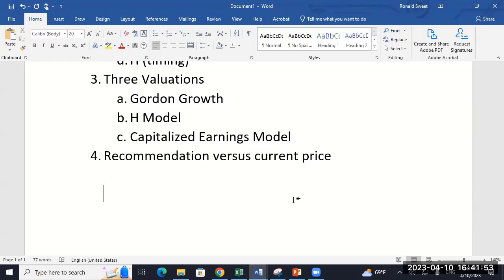Another problem is the parentheses. Make sure you have the parentheses. Remember in the H model, you've got extra percents, so make sure you know where the percent starts and stops.